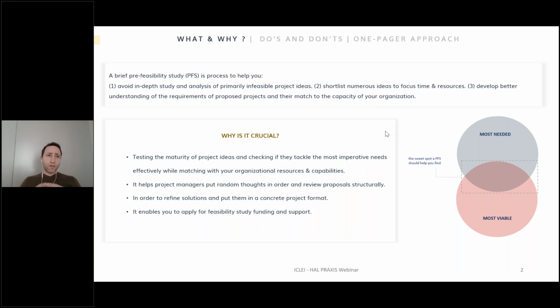You need to give them a reason to fund it, because a lot of people want them to fund their feasibility studies. They're going to give the funding to those who have a proper understanding of their projects, and you can prove this with a PFS.